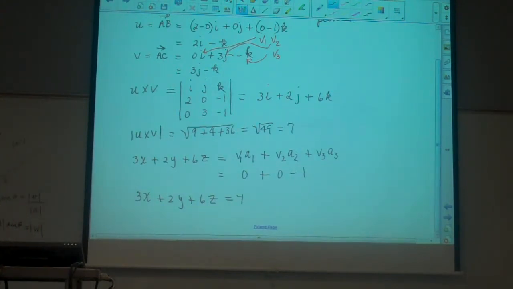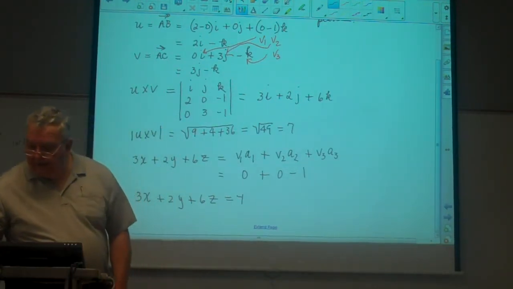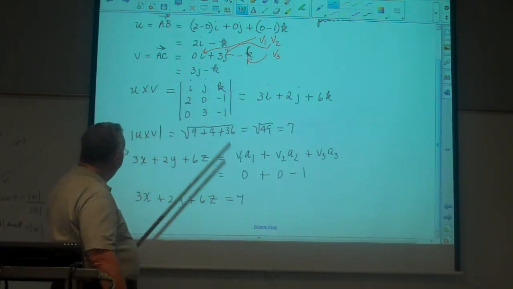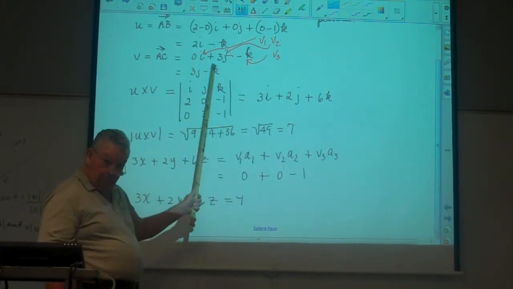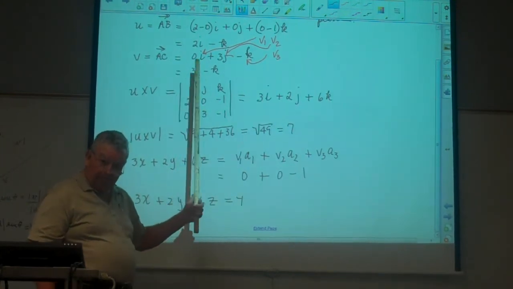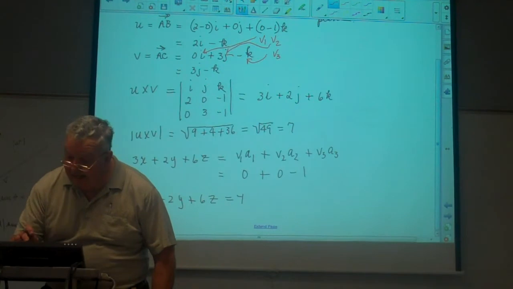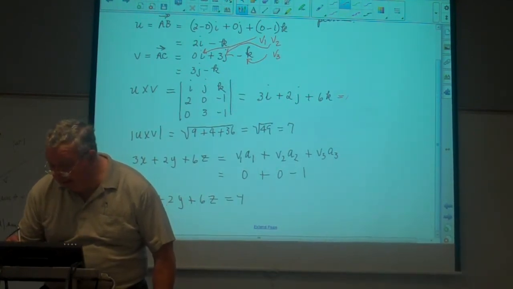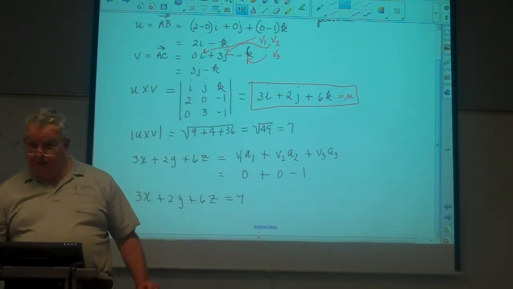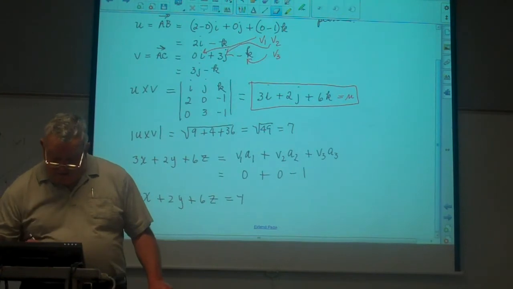Well, let's see. I took the normal vector. I hope I took the normal vector. And I used the point A. And you know what I did? I just looked at the wrong place. I was going down the vector v when I picked off those coefficients. And I could have helped us if I'd have said that this was equal to n. Okay.